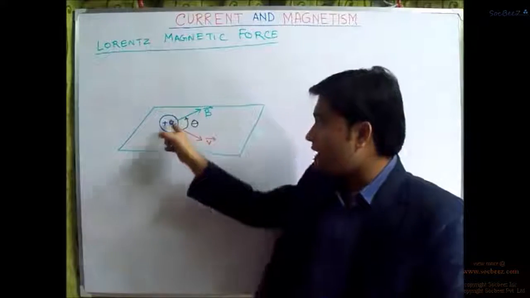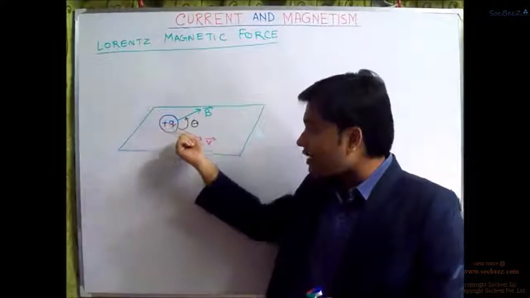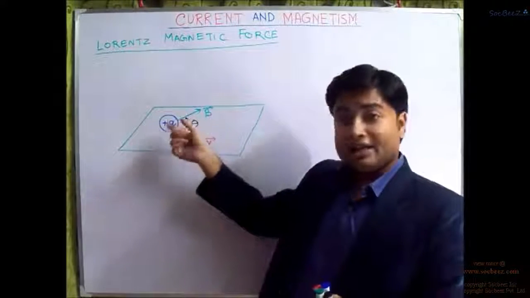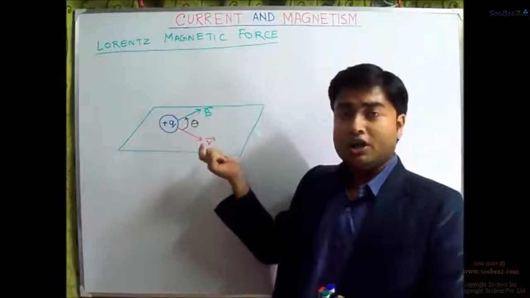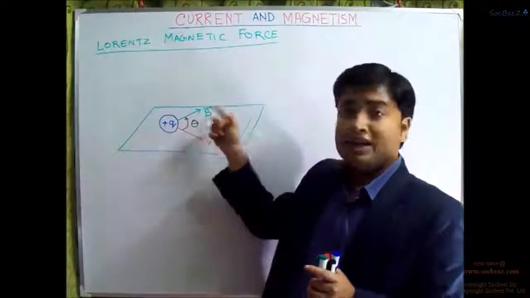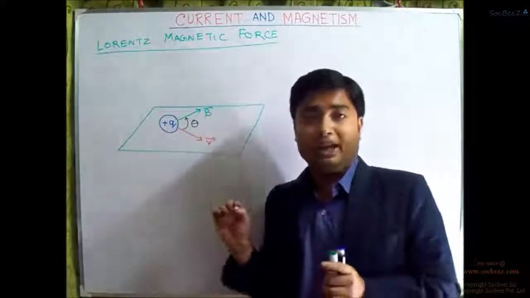First of all, this charge is drifting with the velocity V, and this drifting is happening when there is a magnetic field.